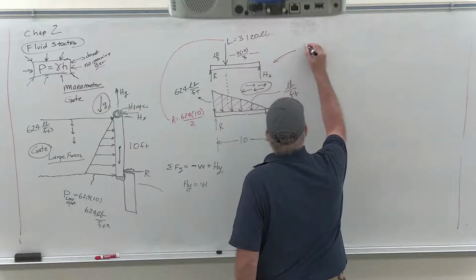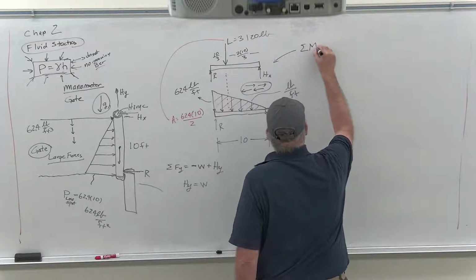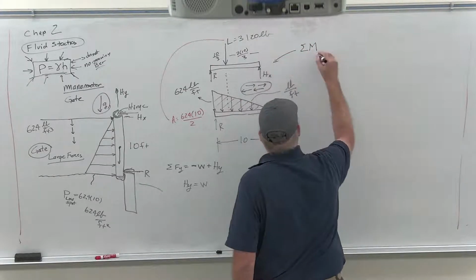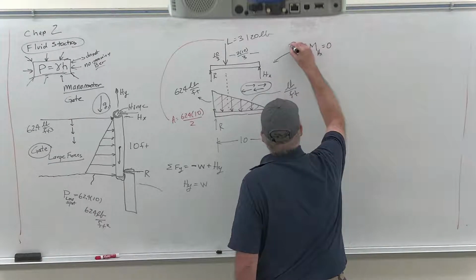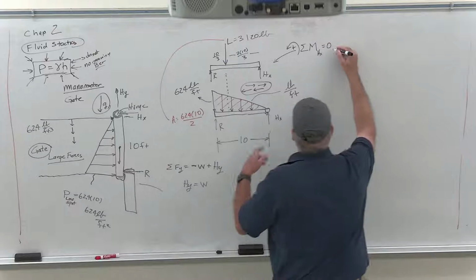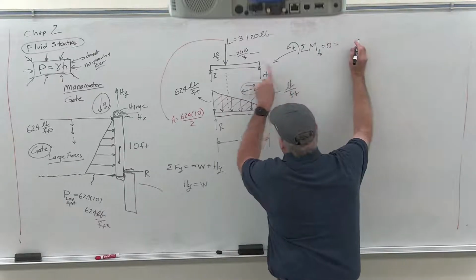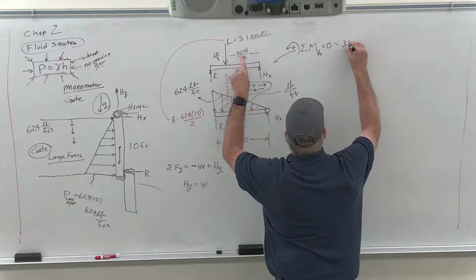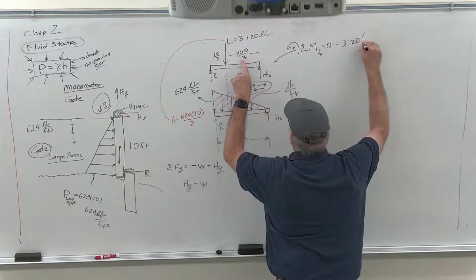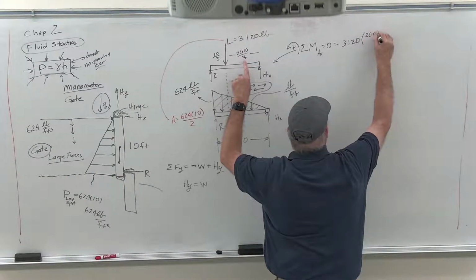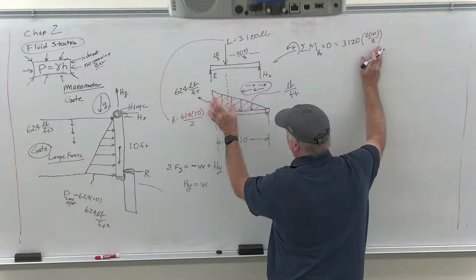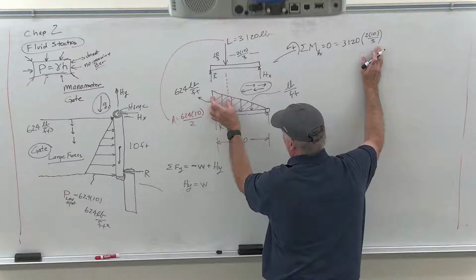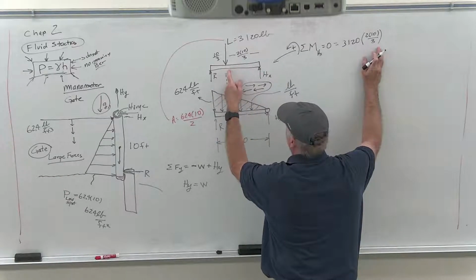I sum the moment about the hinge, and it's equal to 0. I have to choose a direction, so I'm going to choose that to be positive. That makes 3120 times 2 times 10 over 3. That's how far it gets moved over to there, 1/3 from the heavy end, 2/3 from the light end.